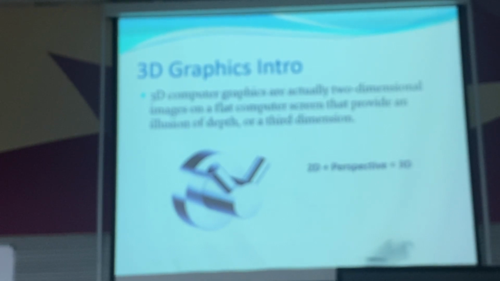One of the ways is to use the perspective view. Perspective view will give you the illusion of depthness. If you don't pair it up with the view, you only see the front view or the top view of the object. Even though the object is 3D, it still looks like 2D. So 2D plus perspective, you get a 3D graphic.